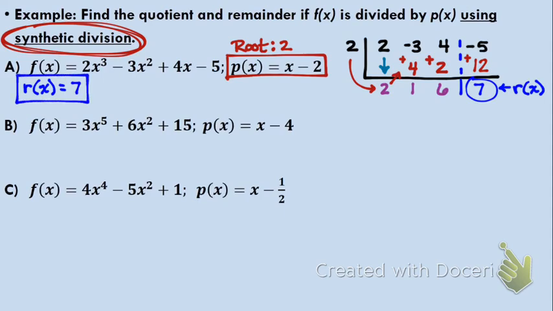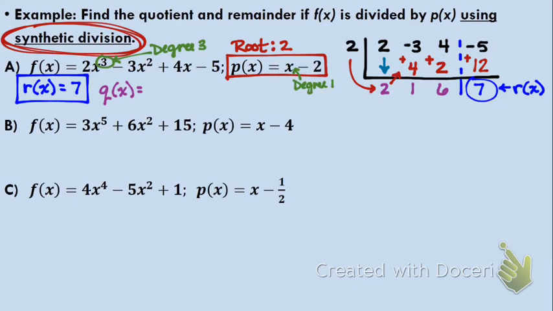Then I still need to write q of x, my quotient. I have all of the coefficients, but I need to know what powers of x go with each piece. What was the degree of my original polynomial, f of x? 3. So this is degree 3. What was the degree of the polynomial that I was dividing it by? 1.